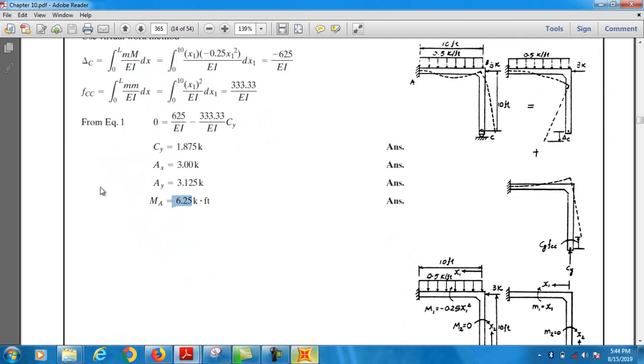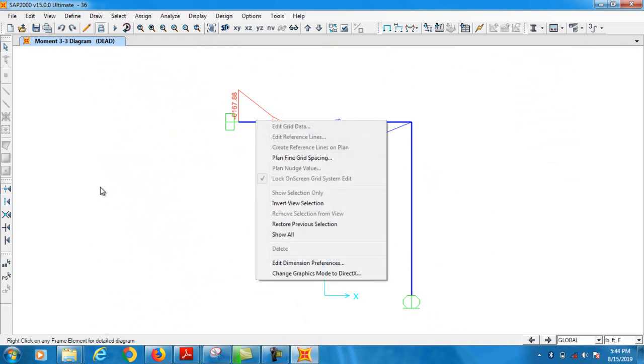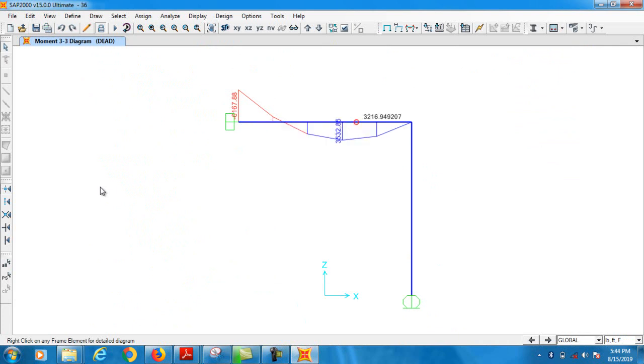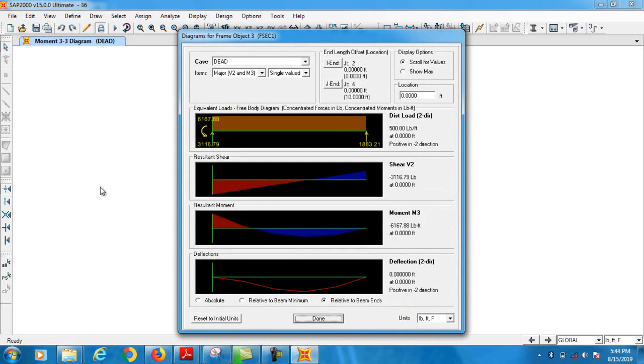Clear? So if you want to see it, just bring the cursor and press the right key. To convert the unit to kip-feet, 6.17, that is the moment at the fixed point.